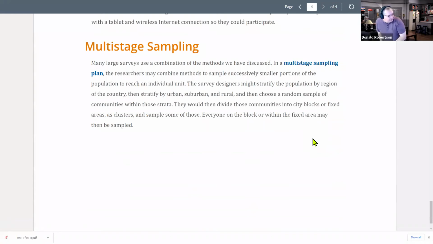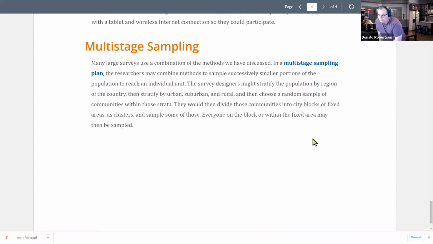And last but not least is multi-stage sampling. Essentially, you do a combination of those techniques. So you might do a cluster sample, and then do a simple random sample of your clusters. So you do combinations. Some combinations I don't know how they would work.